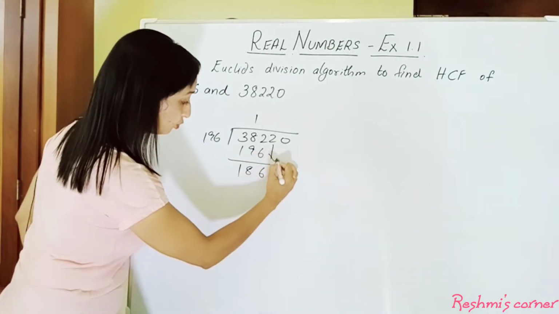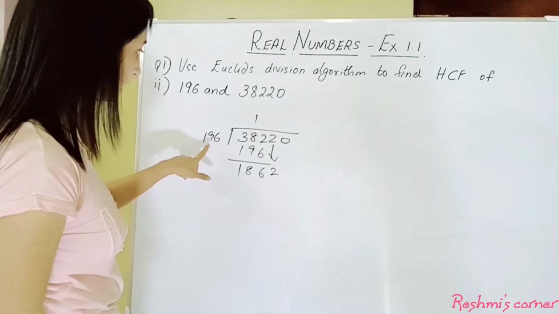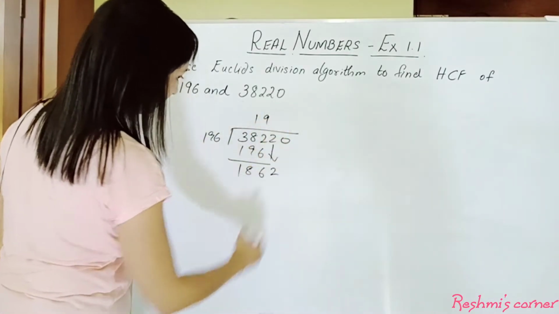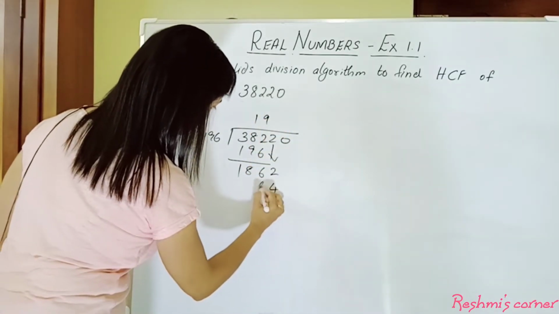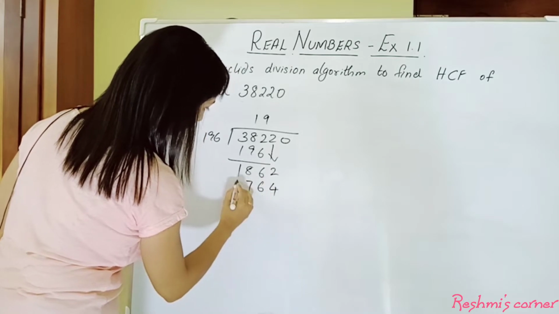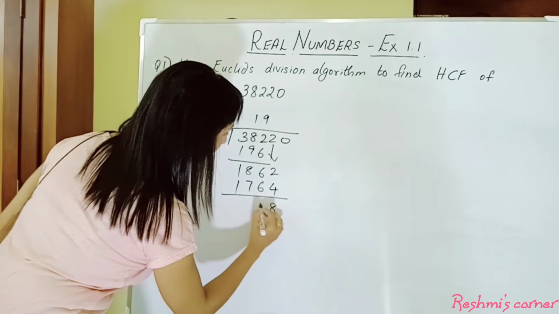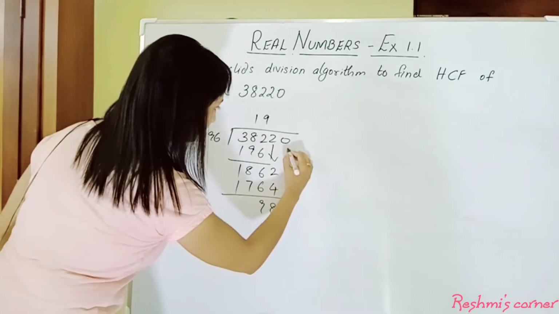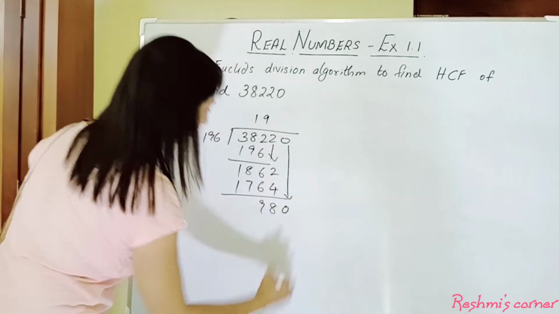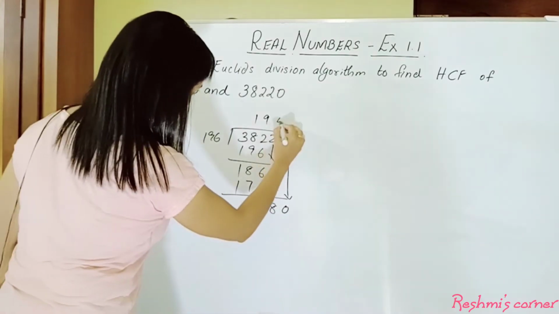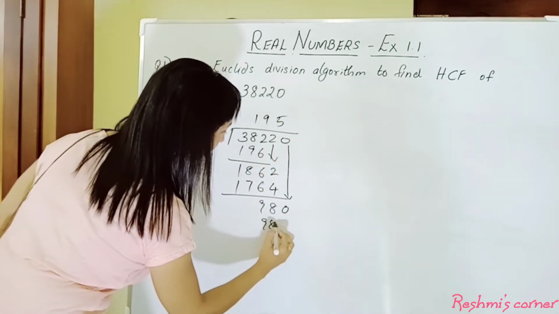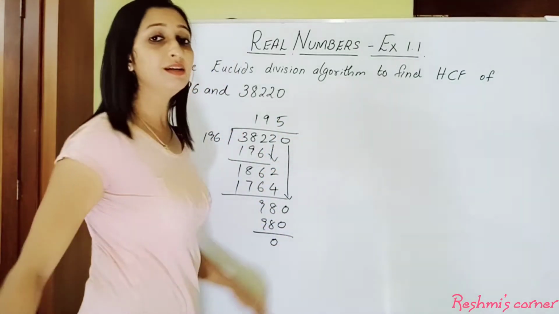We take this 2 down. So 196 nines are 4, 6, 7, 1. We get the remainder 98. Again, we take the 0 down. 196 fives are 980. We get the remainder 0.